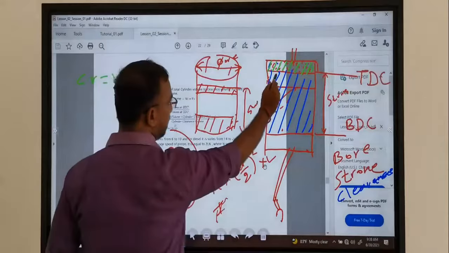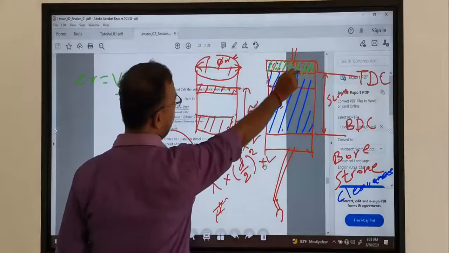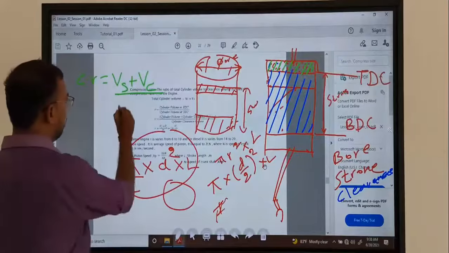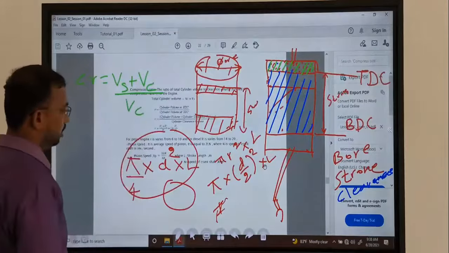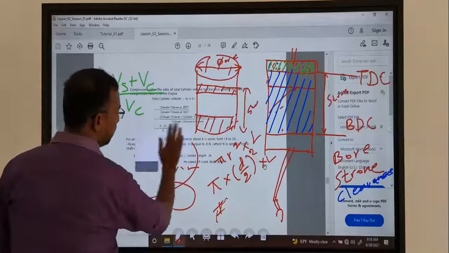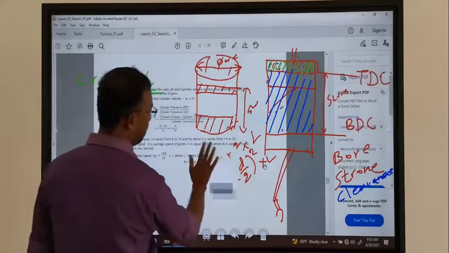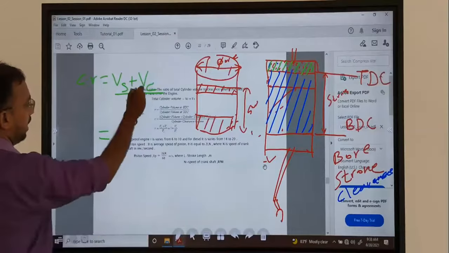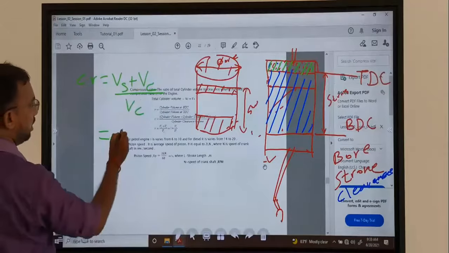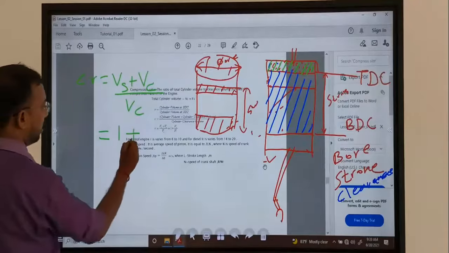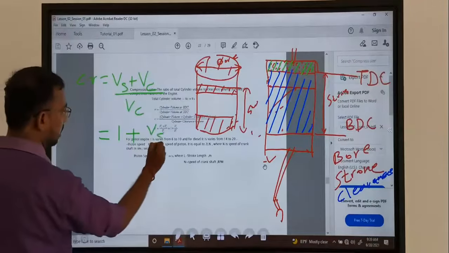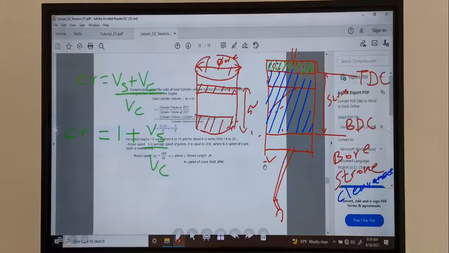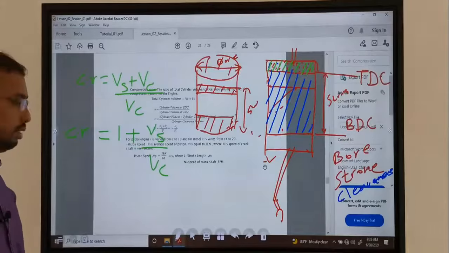When the piston is at BDC, the total volume is the stroke volume Vs plus the clearance volume Vc, the sum of these two. When the piston is at TDC, the cylinder volume is only the clearance volume, Vc. So we divide by Vc: (Vs plus Vc) over Vc, which is 1 plus Vs over Vc. This is the equation for compression ratio.